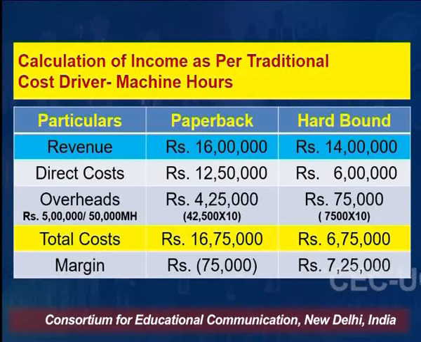So this is what this publisher has been doing previously. And if you look at the total cost, we have to aggregate direct cost and overheads. For paperback, 12,50,000 plus 4,25,000, I get a value of rupees 16,75,000. Now mind here, my dear learners, when you calculate the total cost of rupees 16,75,000, you have to compare it with the corresponding revenue.